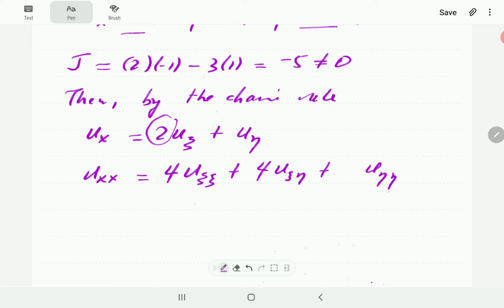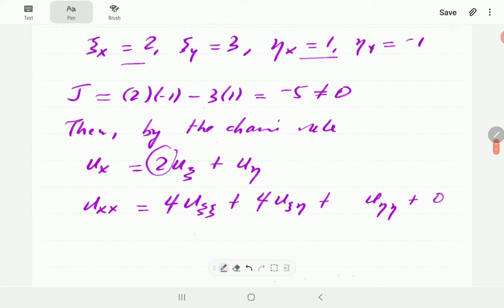And then the coefficient of u_etaeta is going to be the square of this coefficient, which is 1. So it remains like that. And then none of the first order derivatives is going to appear because our coefficients here are constants. The first order derivatives only appear if these are not constants.